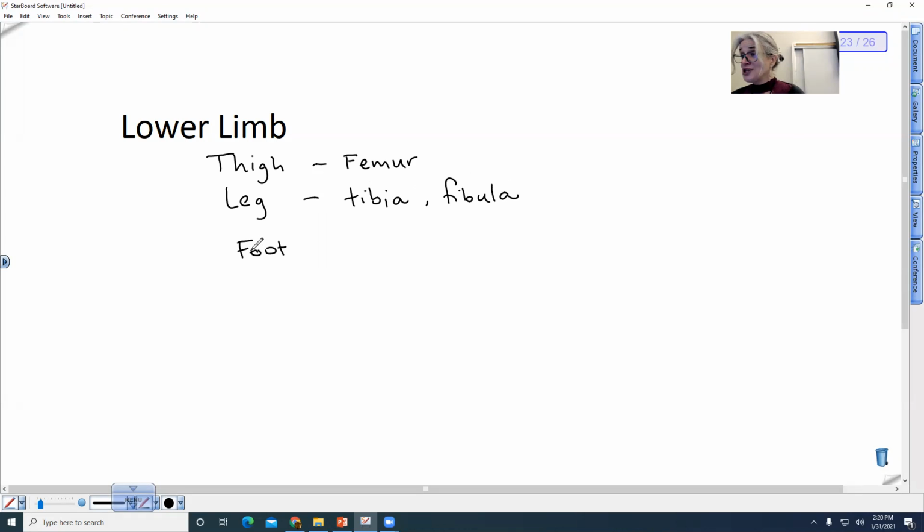So again, we have a bunch of bones, which in this case are called tarsals. Those would be kind of analogous to our carpals, but they're in the foot. The tarsals, the metatarsals, and the phalanges.